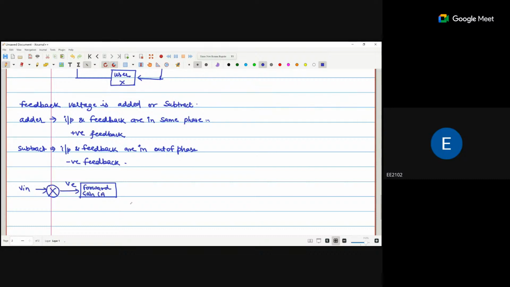Generally it should be represented by A, this is output, V out, here we are getting the feedback gain. It is mentioned as beta or sometimes it is mentioned in the F form.